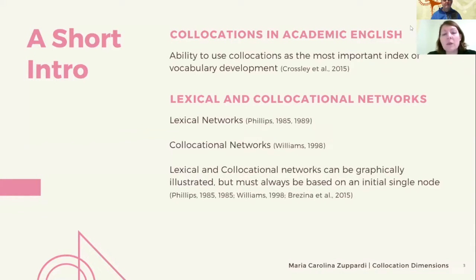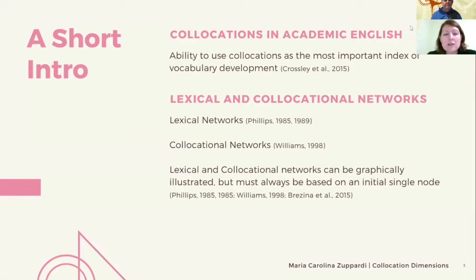That got me really interested in thinking about, when we say what a text is about, or when we look at meaning in text, how can collocations play a role in that?